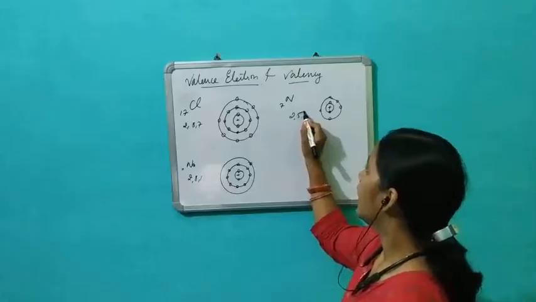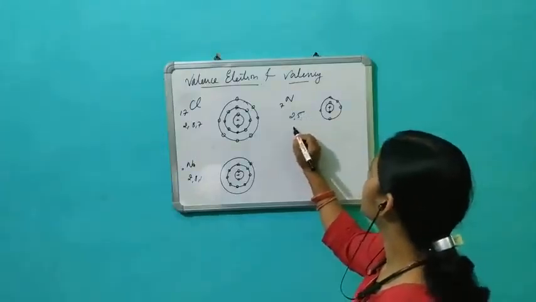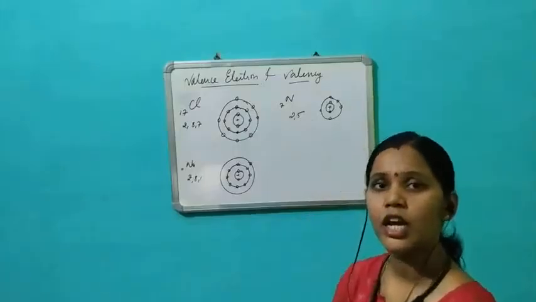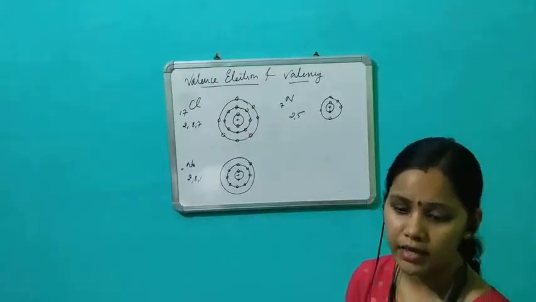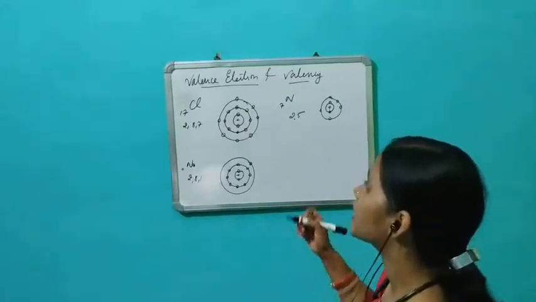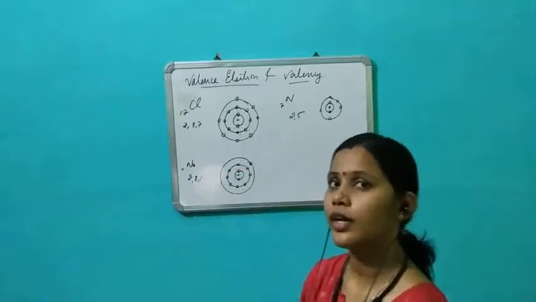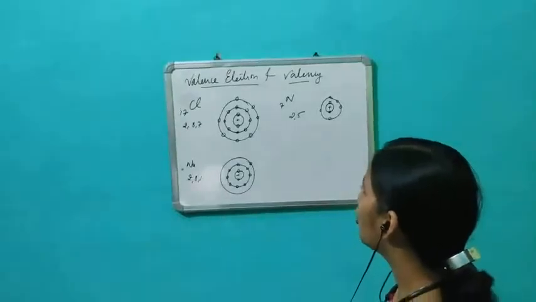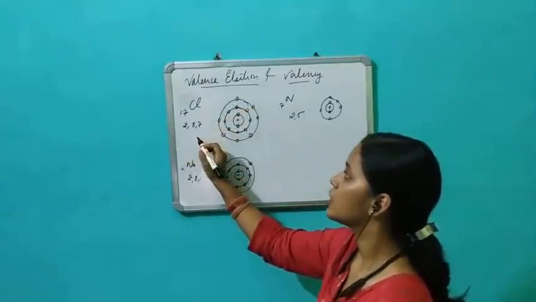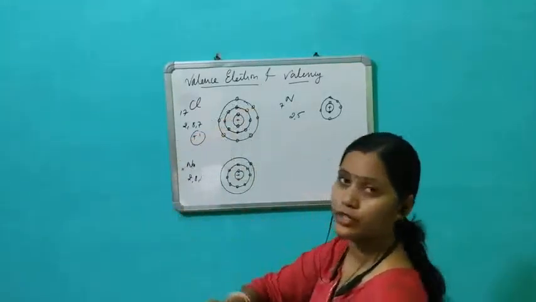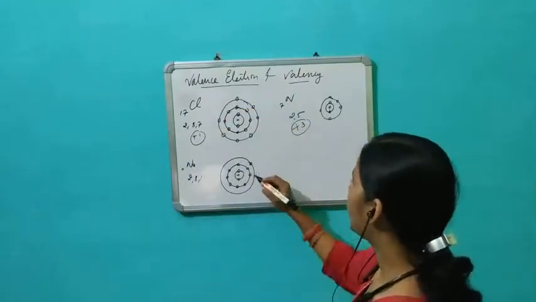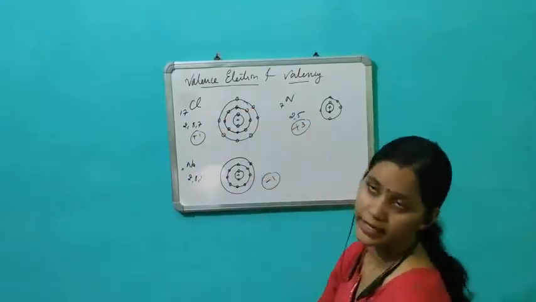If nitrogen gains 3 electrons, because it has 5, it will acquire the nearest noble gas configuration. Whereas if chlorine gets 1 electron, it will acquire the nearest noble gas configuration of argon. So chlorine has a tendency to gain 1 electron, nitrogen has a tendency of gaining 3 electrons, and sodium has a tendency to lose 1 electron.